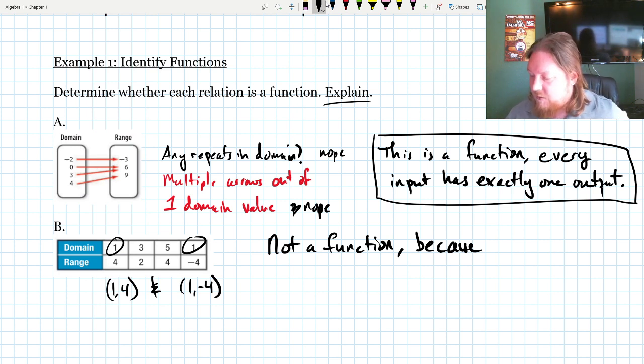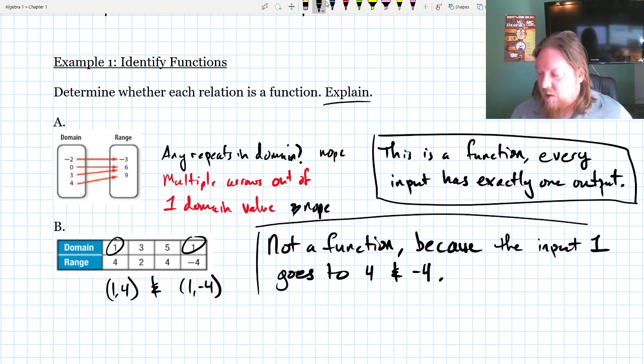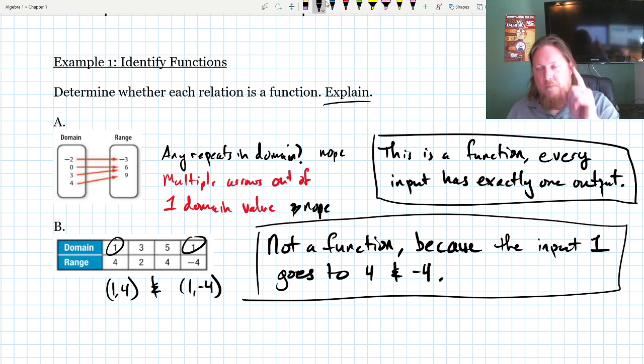So because the input 1 goes to 4 and -4. And that's all I need to explain it. Tell me the exact one time that it messes up. All right.